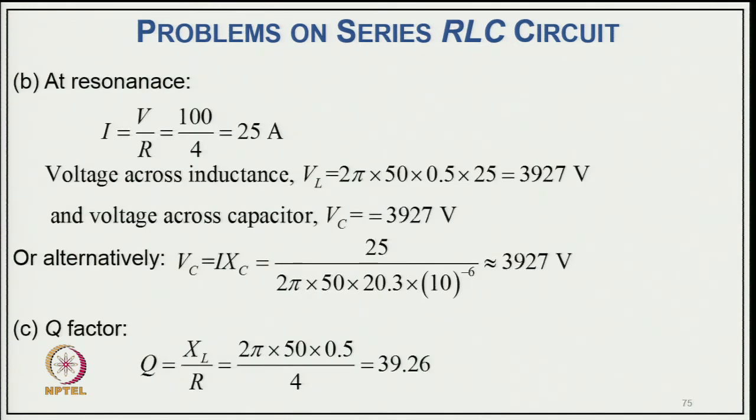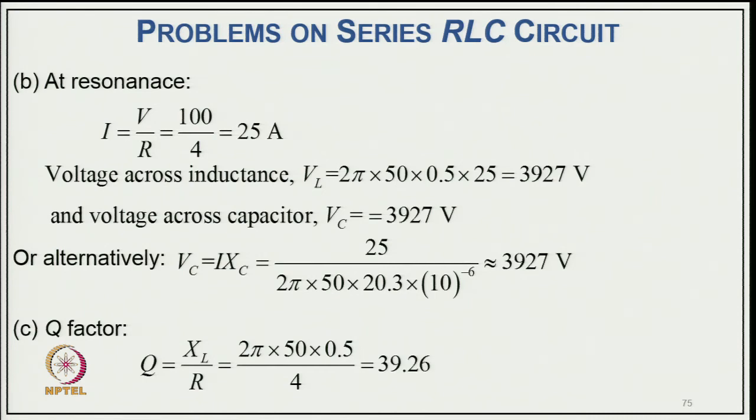So, that is 100 by 4, that is 25 ampere, and voltage across the inductor is V L equal to 2 pi F L into I, that is 3927 volt, and voltage across the capacitor is the same, V C equal to 3927. So, you can see the voltage across the inductor and capacitor is very high compared to the supply voltage of only 100 volt.